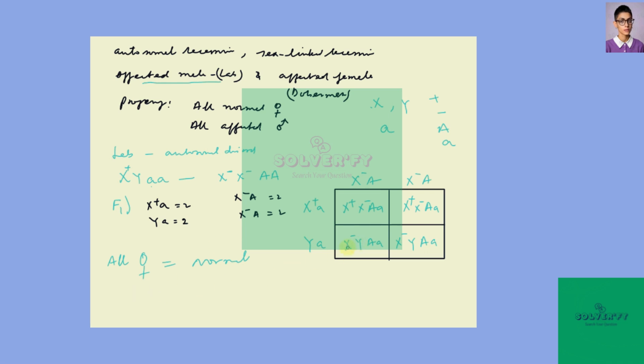And in case of the males, because they have only one X, all the males are affected. So the result is consistent with the data stated in the question itself. The progeny we get from these two is all normal females and all affected males.